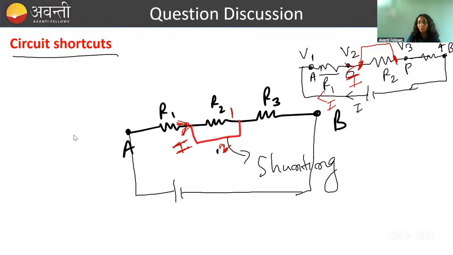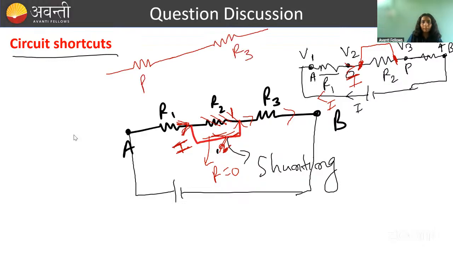So where there is more resistance, this is a conducting wire, its resistance is 0, and the resistance of this one is R2. So current will choose the path through which it will see no resistance. So here current will not go through this at all, it will go through this way like this. So this circuit will look like there is R1, there is no R2, it will look like there is no R2, there is just a conducting wire, and then there is R3. It will look like this.